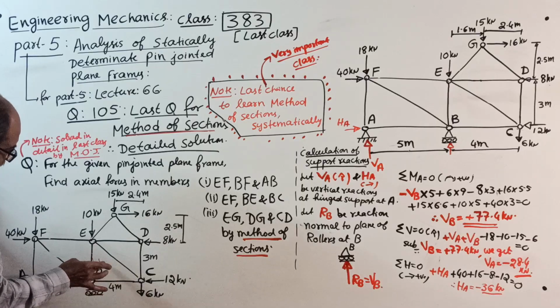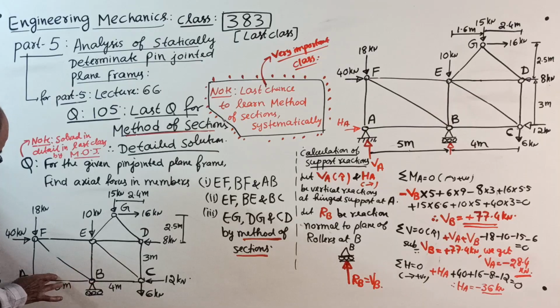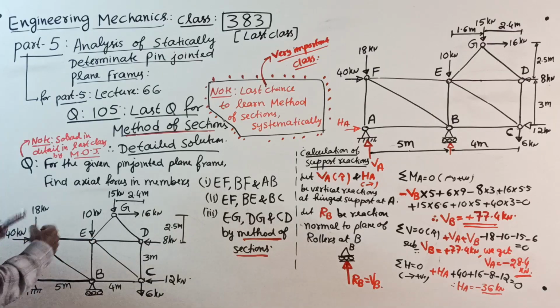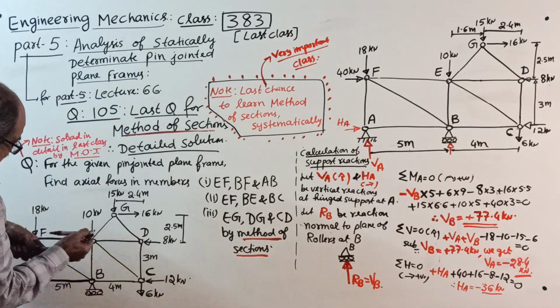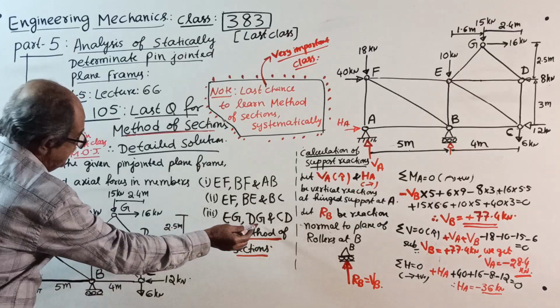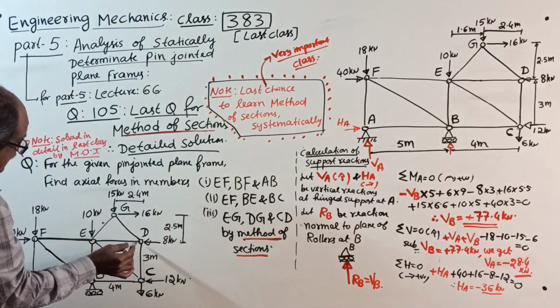Okay, I won't use the pen now. It became difficult. Last one. See, it became a little dull here. Okay. Last one. EG. See. EG, DG. Not DG.